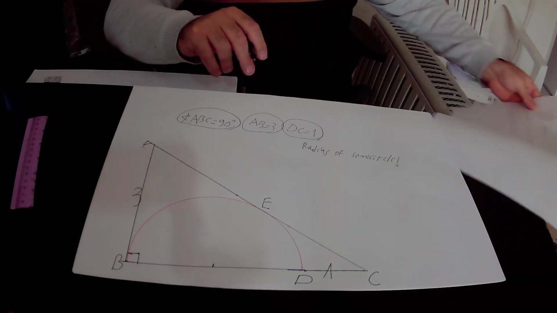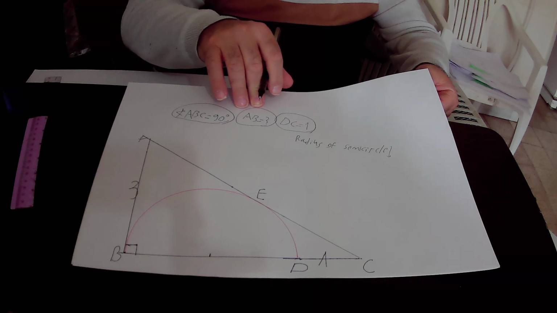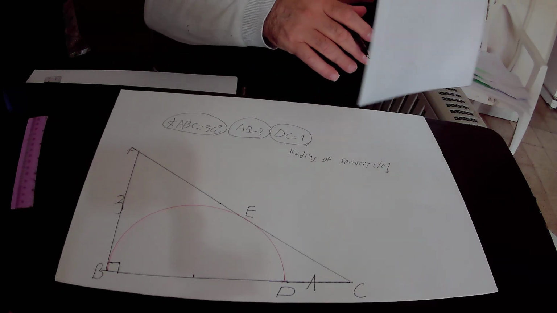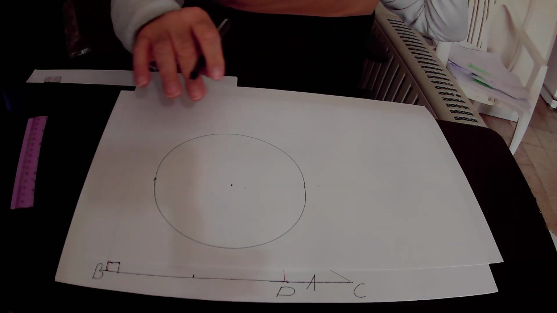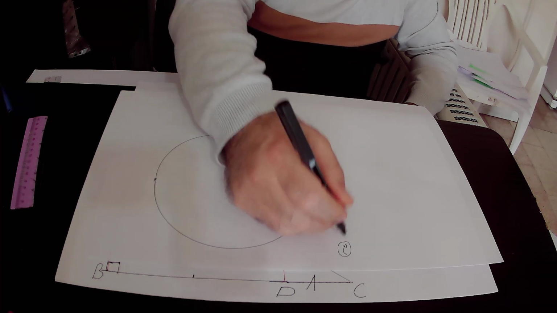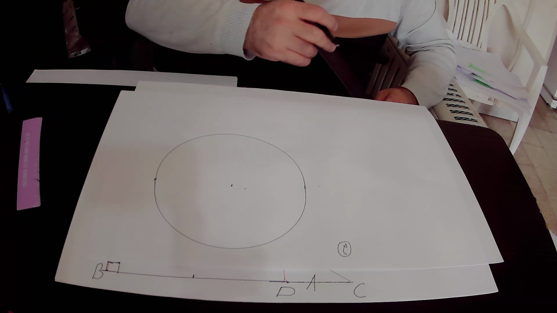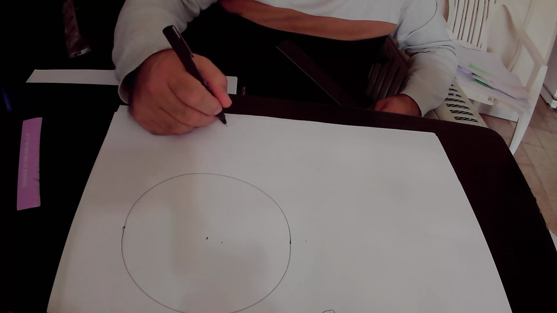The meaning of two tangents theorem is that if you have a circle, we have this blue circle, and we have an external point to this circle.